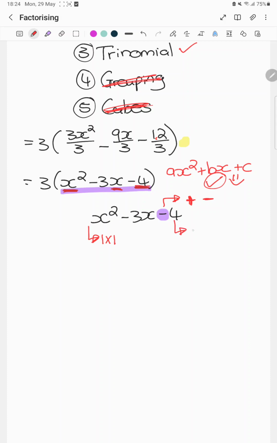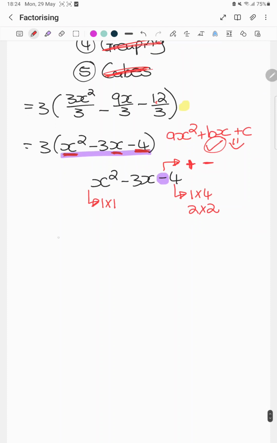And the factors of 4 will either be 1 times 4 or 2 times 2. Let's quickly draw a table for ourselves. My first part of the table, I have x and x. In my second part, let's use 1 times 4 first. So we're going to have 1 and 4.